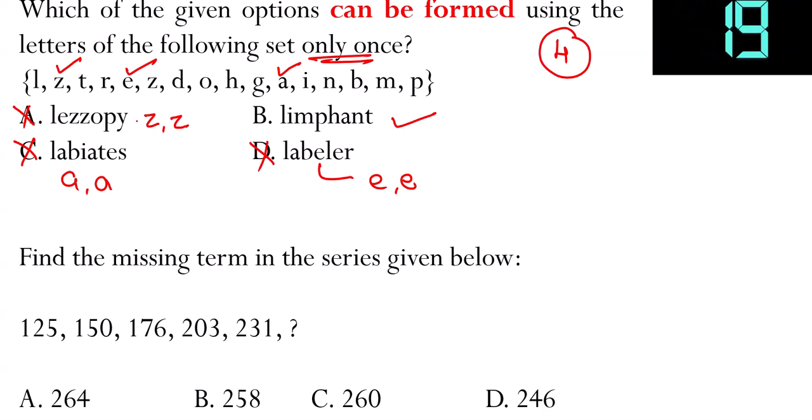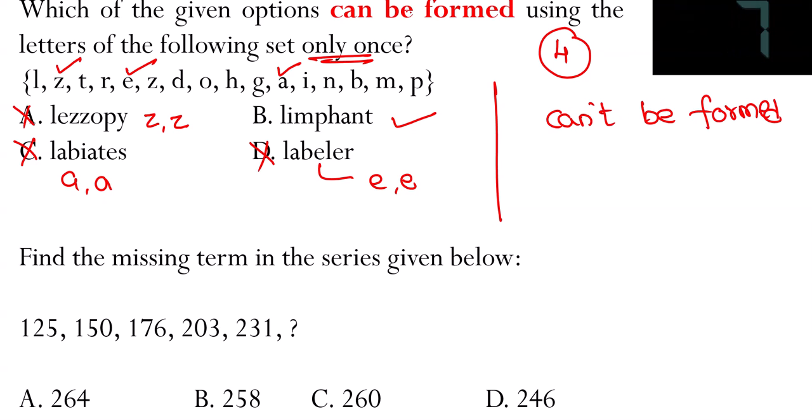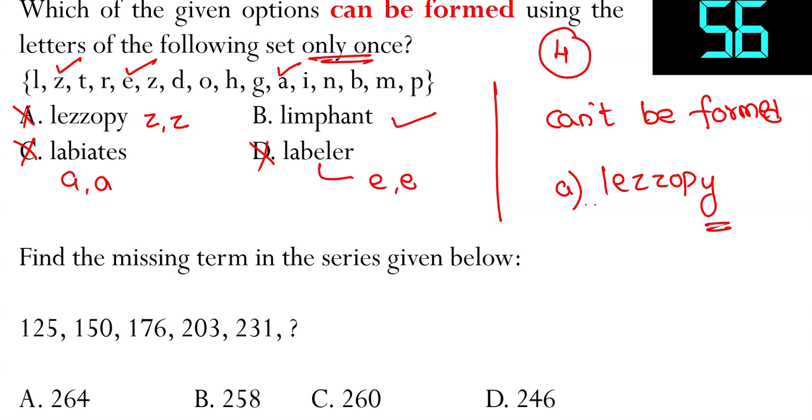And that's one side of the coin. But some people argue it is "cannot be formed." If this question is "cannot be formed," then they should remove the "only once" condition, and then I can go for this one, because the Y letter is not available in the given set.